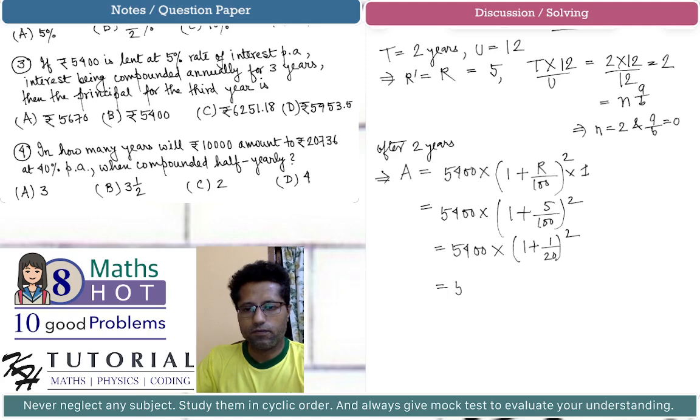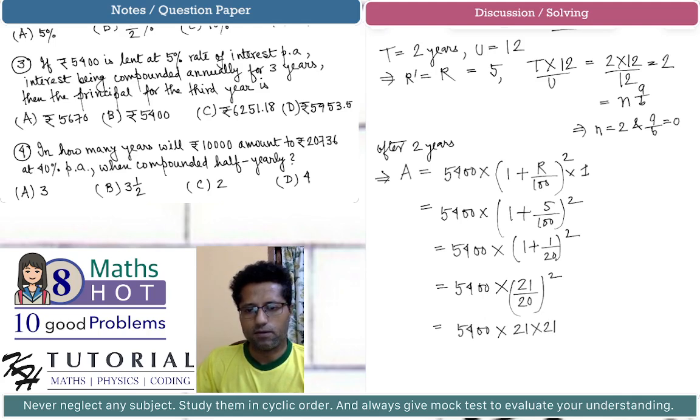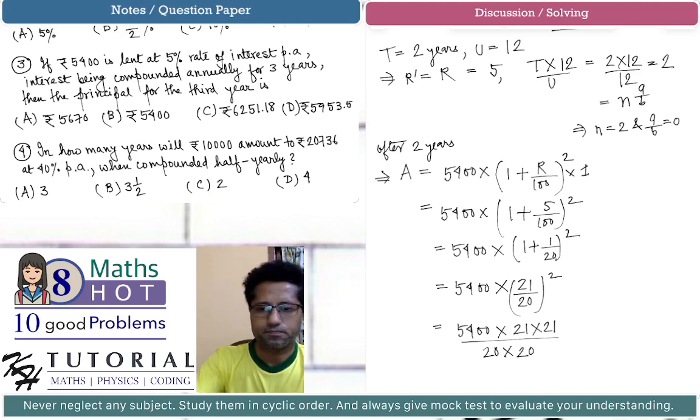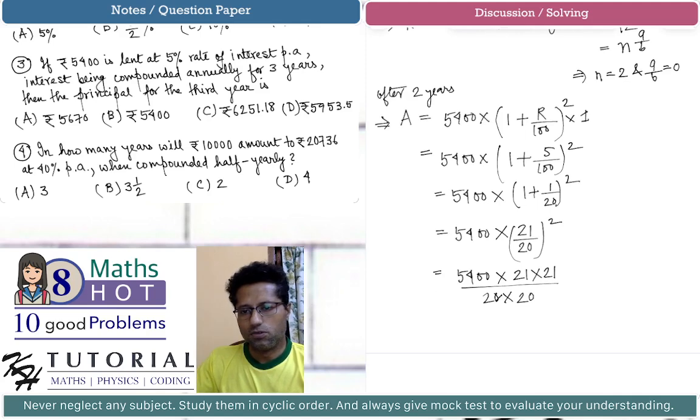This is equal to 5400 multiplied by (1 plus 1 by 20) squared, which is 5400 multiplied by (21 by 20) squared. This is equal to 5400 multiplied by 21 multiplied by 21 divided by 20 multiplied by 20. So 0 cancels out and 4 divides 54. No, 4 will not divide 54.